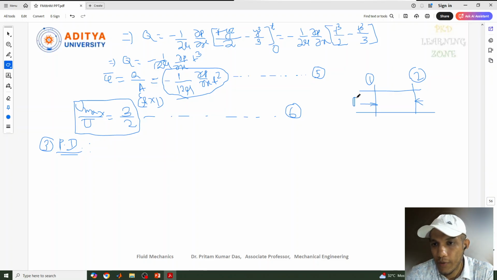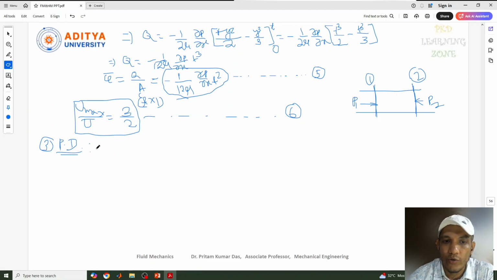So here suppose P1 is there, and here I can write P2. Okay, so it's very simple. Last time also we have done the same thing. The same concept is going to be applied here, because we need some sections to identify the pressure drop. At this zone what the pressure is, and at this zone what the pressure drop is.